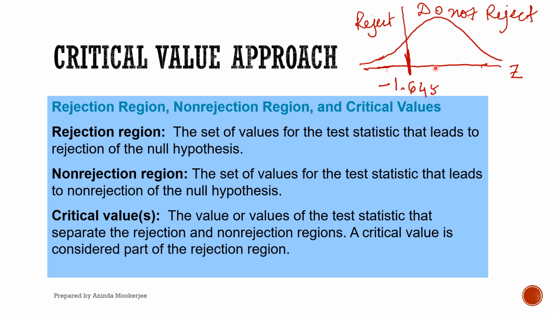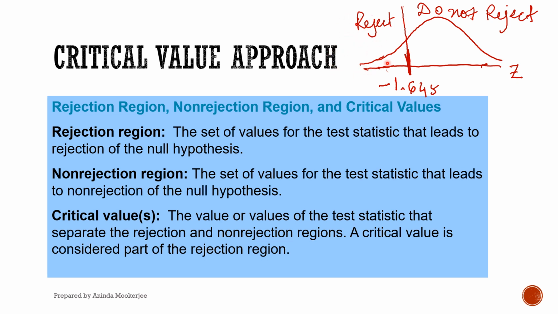Here it says the rejection region, which is all this area to the left-hand side in this picture, is the set of values for the test statistic that leads to rejection of the null hypothesis. So any test statistic along this part of the line, from the extreme left-hand side to this negative 1.645 value, which is the critical value, means the null hypothesis should be rejected.